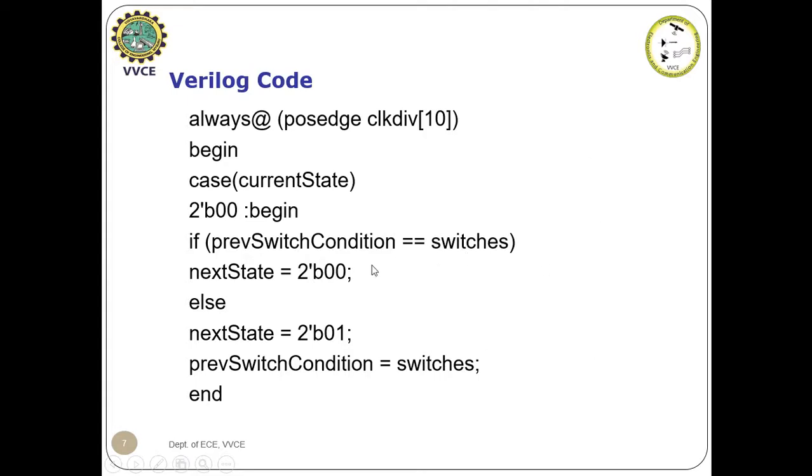I should not move to the next state because the switch condition may not match with my target objective. Suppose the switch condition matches with my previous condition, I have to move to the else state. In the else state, my next state is 01.